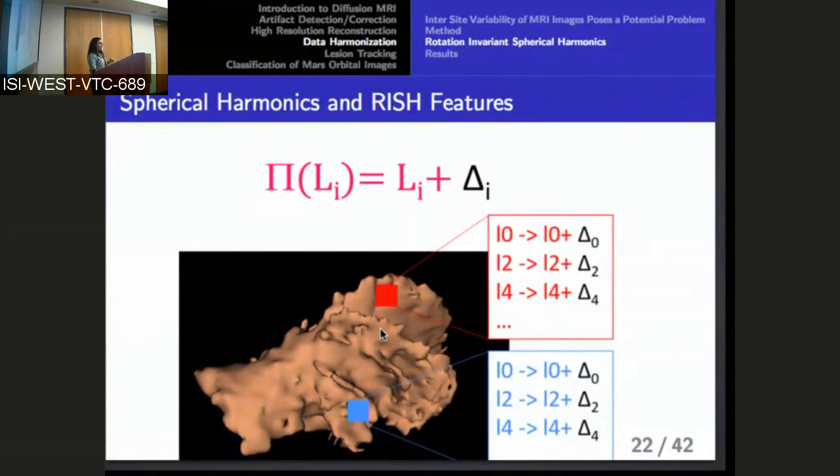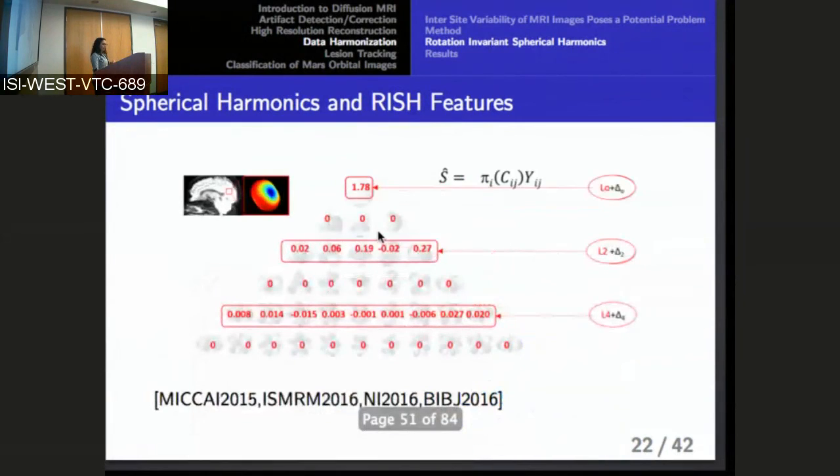So we define a function like this, and then we backpropagate this information to the spherical coefficients at each voxel. For each voxel of the brain, we add this delta to the rotation invariant features, and then apply another mapping function, which was a scaling function.